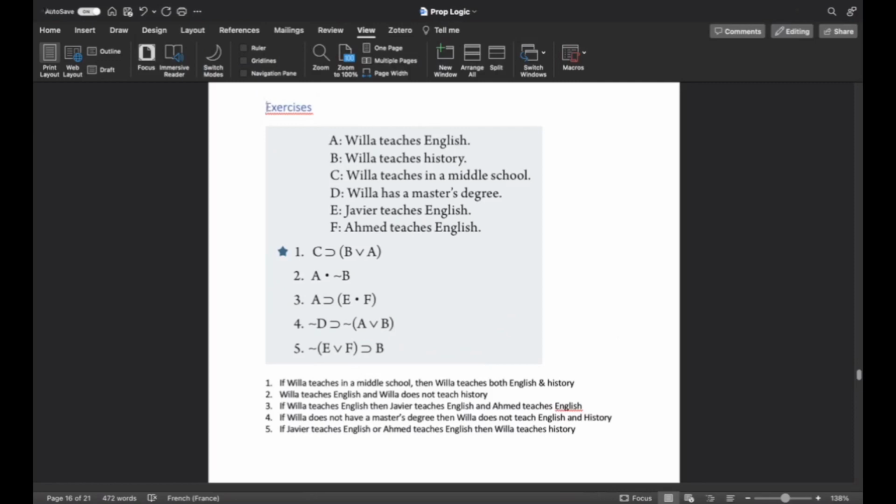The antecedent would be the C, Willa teaches in the middle school, because the antecedent is what comes before the conditional, and the consequent is what we have here. On either side of the disjunction we have a disjunct, so the consequent is a compound proposition. What's the consequent that you've written?